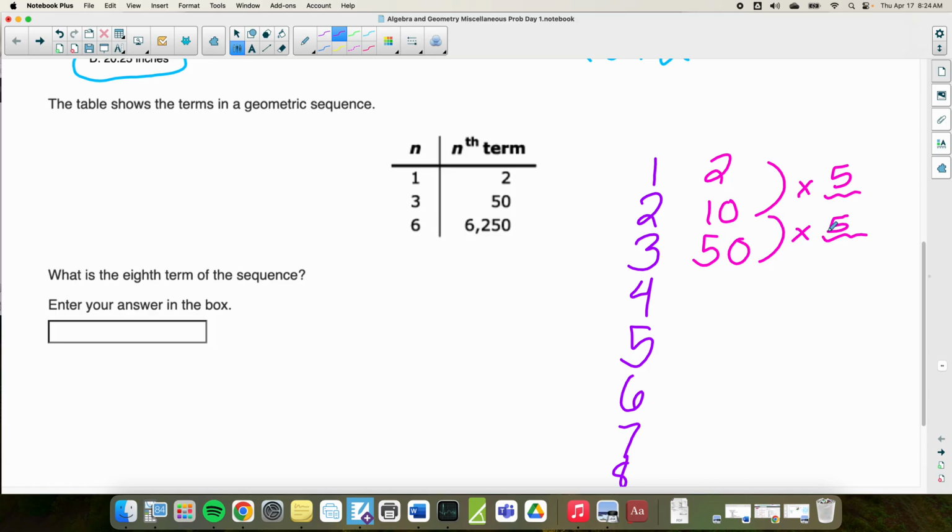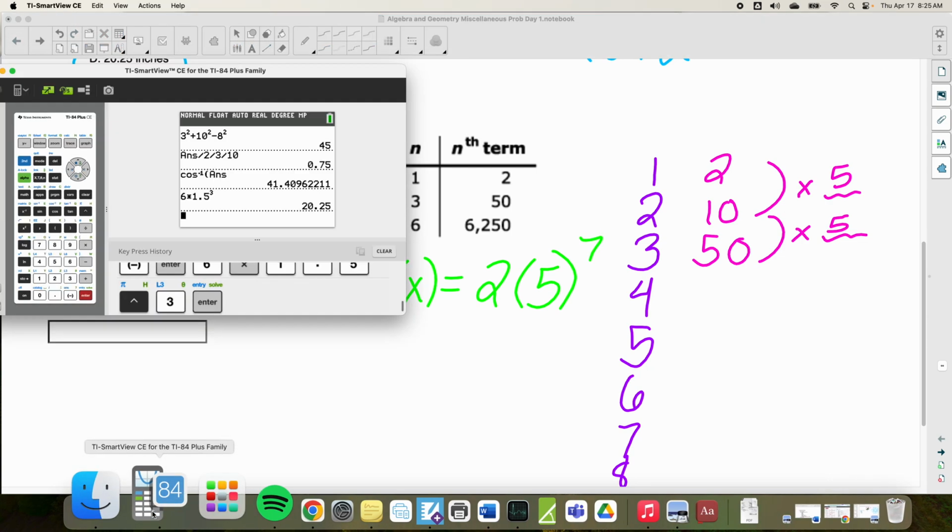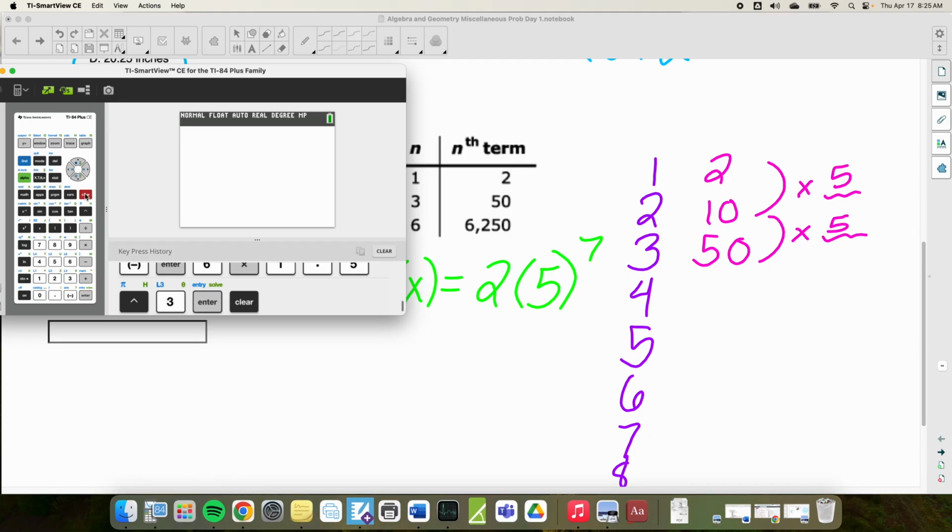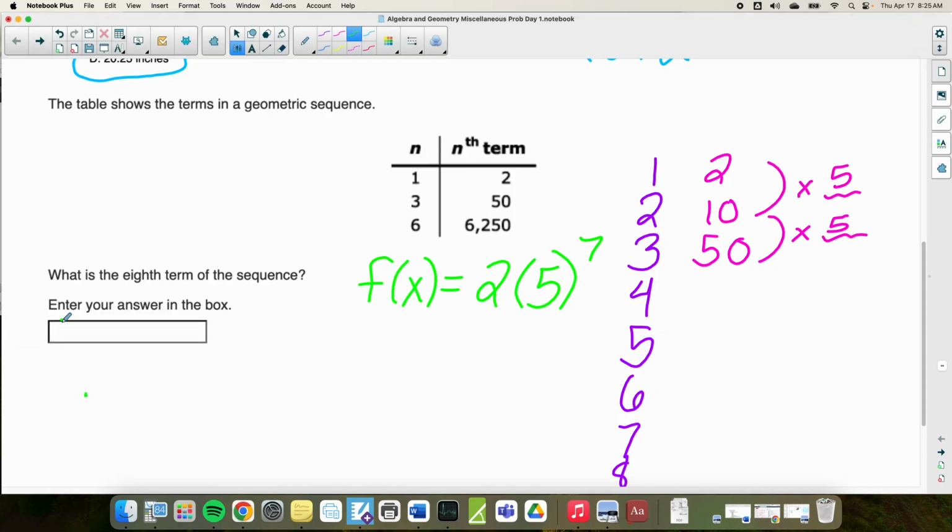Or what we could do is we could go f of x equals, the starting point is 2. We're multiplying by 5. And if we want the 8th term, it would be to the 7th power. So we could go 2 times 5 up arrow 7, and I get 156,250.